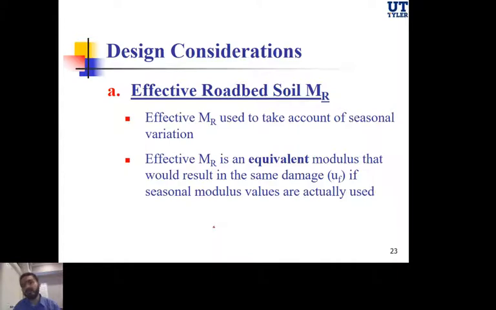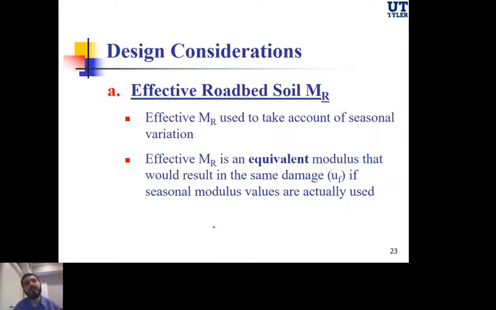So which value should we consider when we're designing a pavement structure? One of you may say, let's pick the lowest value to be conservative. But if you end up doing this, you're going to end up with a very thick structure on top of the soil, because you're now downgrading the strength of the soil in the rest of the season.